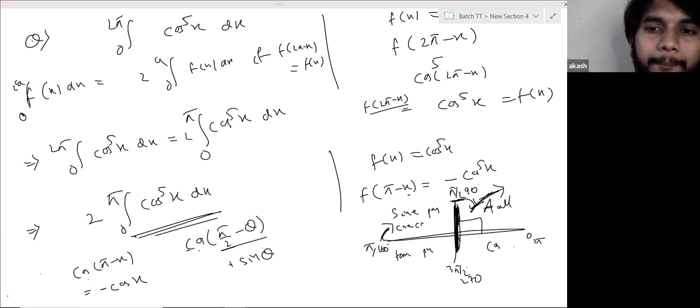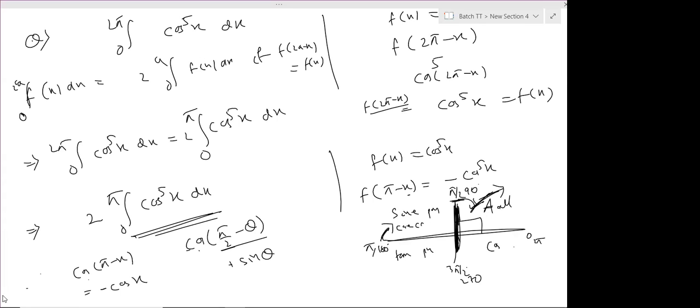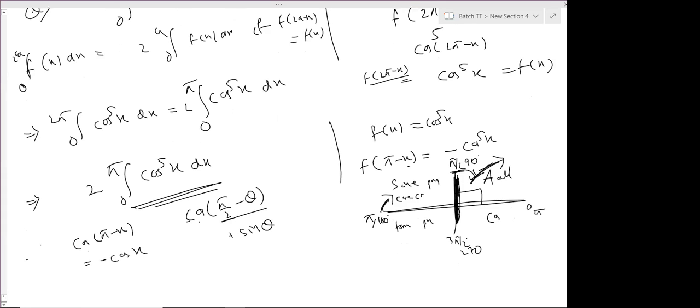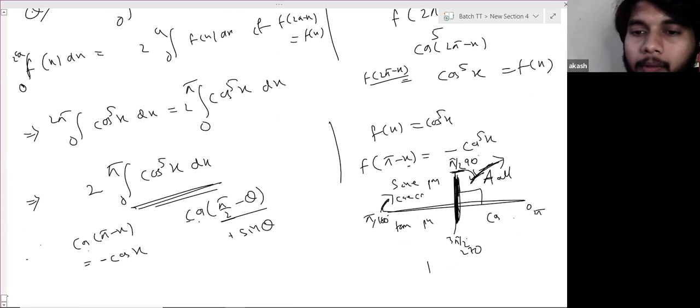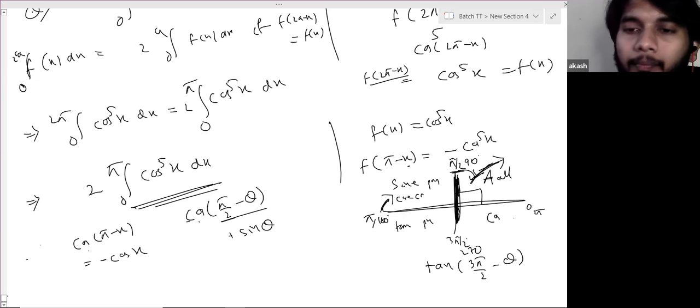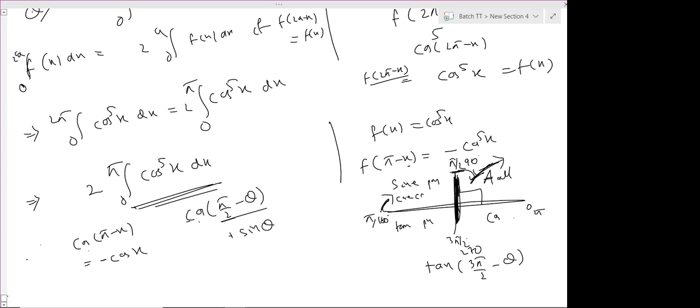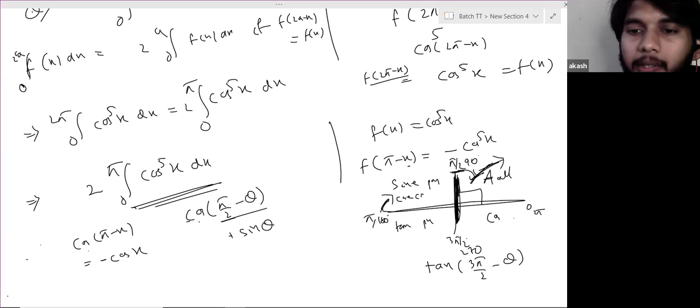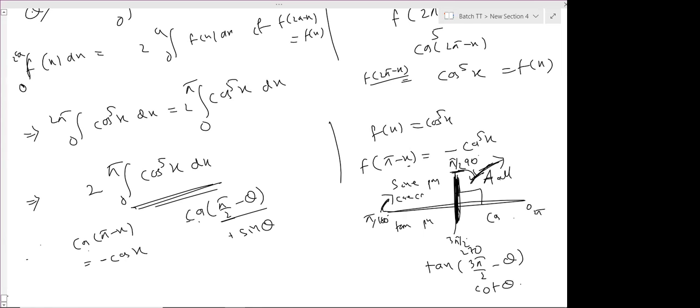Is it clear? So let me give you a question: tan of 3 pi by 2 minus theta will be cot theta. Absolutely correct.